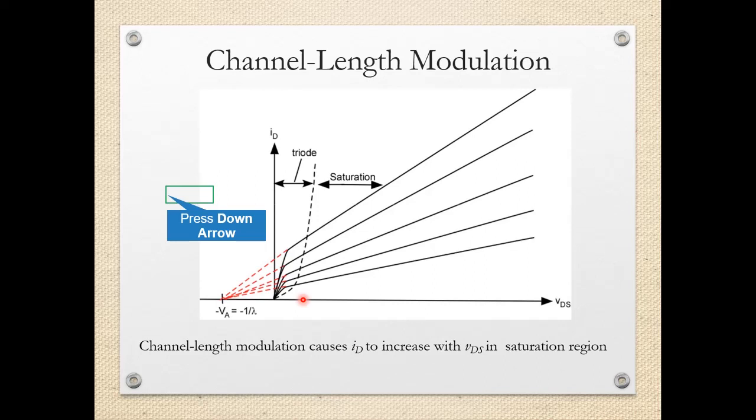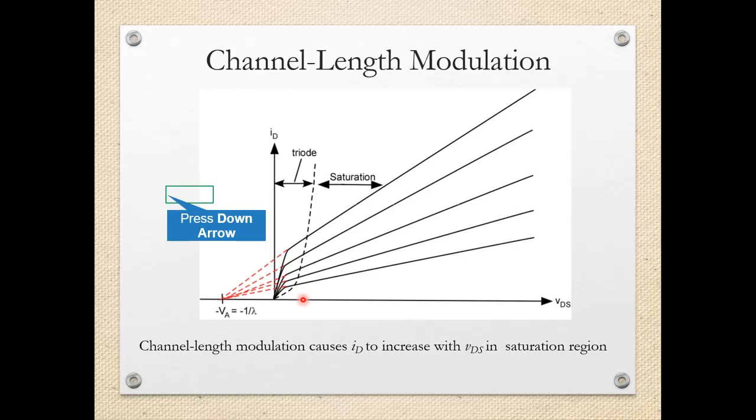So in the previous part of this characteristic, when VDS was 0, we started increasing VDS. There is a linear region which is called the triode region. After that there is a saturation region. So channel length modulation causes this ID to increase with VDS.